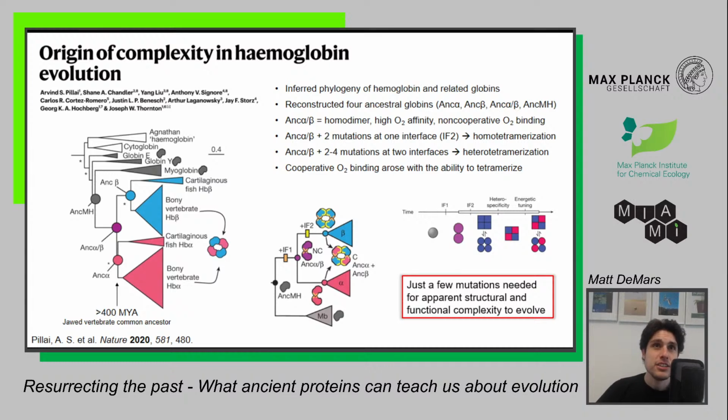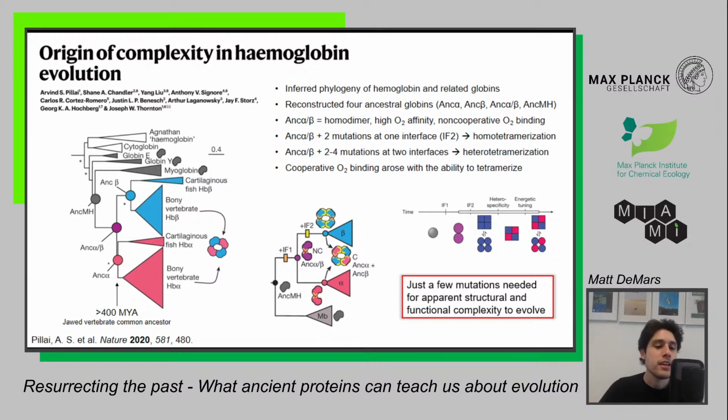complexity during evolution. So a lot of times people think, at least in terms of protein structure, that when you have a complicated protein structure which performs a complicated function, you need a bunch of mutations to accumulate over time, and that it's a very complicated process. And so it's really hard to understand how this happens.